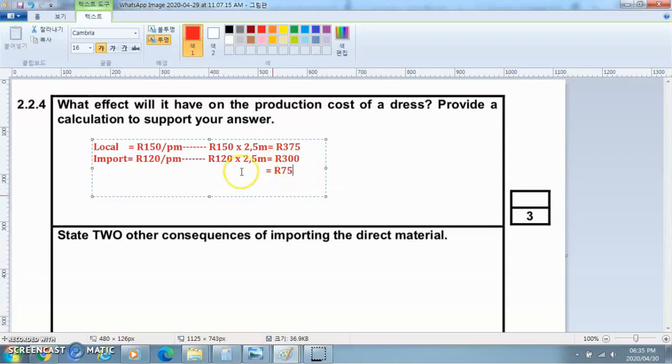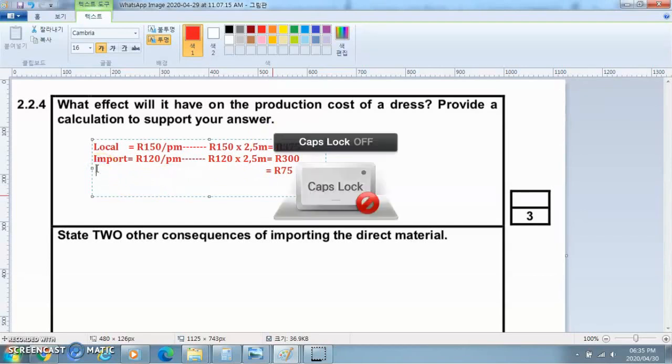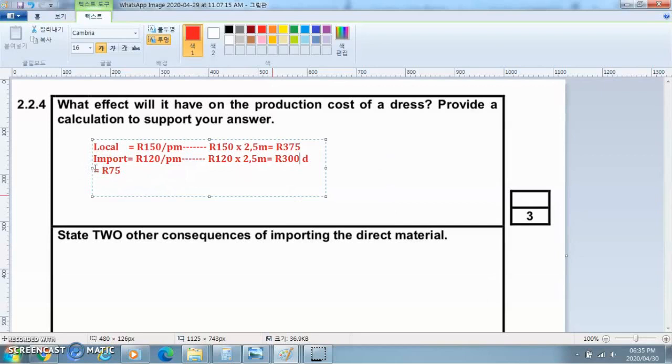Sorry, let me just label this as difference. Okay, I have just messed up everything. So here we have the difference. Okay, I am done with this one, you see.